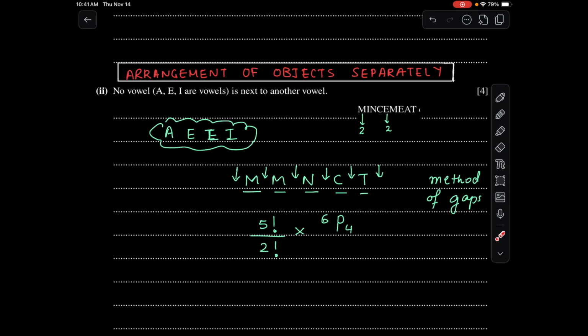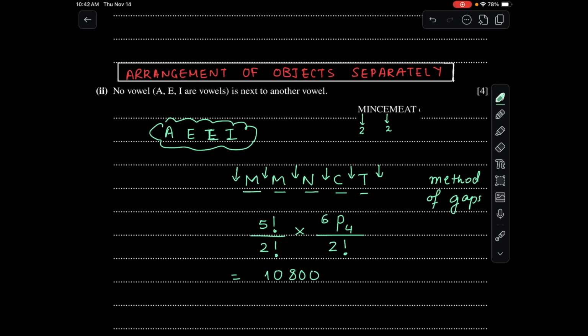So 6 permutation 4 divided by, again in the vowels the E's are repeating. There are 2 E's, so divided by 2 factorial. This 2 factorial is for the M's which are repeating. Let us calculate that. It gives us 10,800.